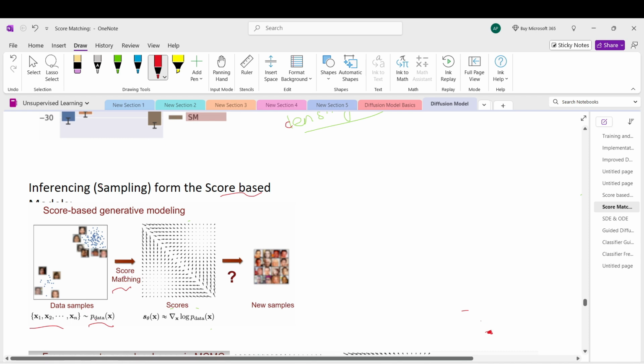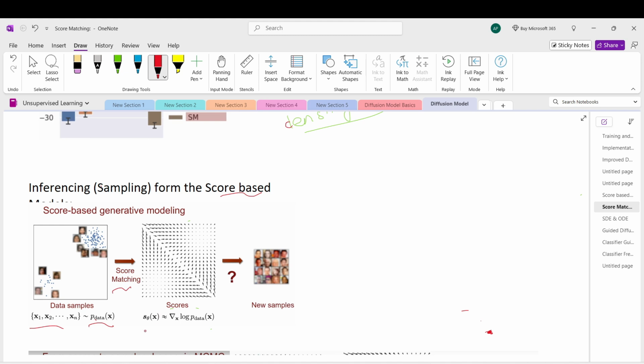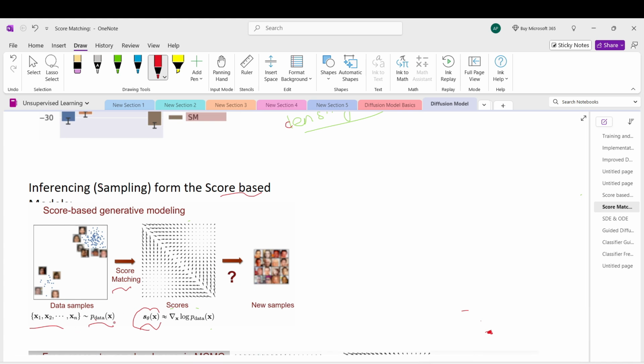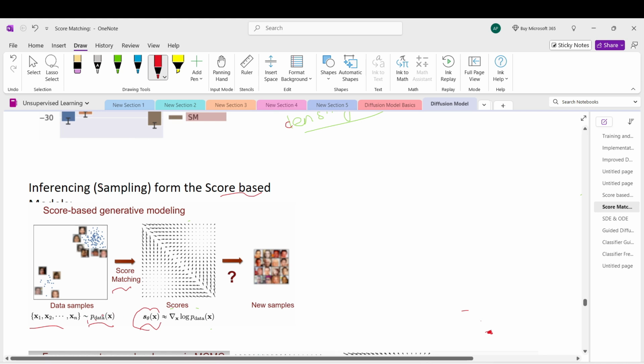We can use denoising score matching or sliced score matching to approximate this quantity s_theta, from the data we have, which come from the p_data distribution. Using this score, we generate new samples.